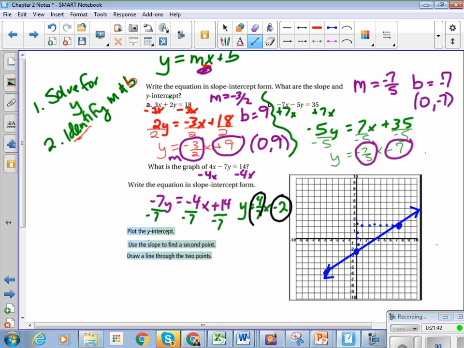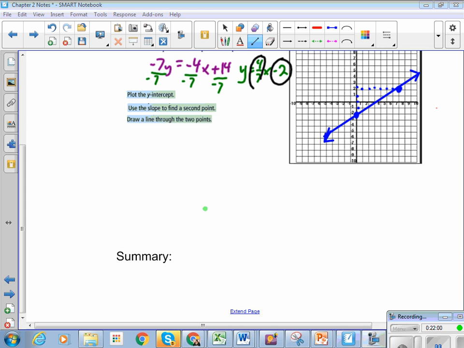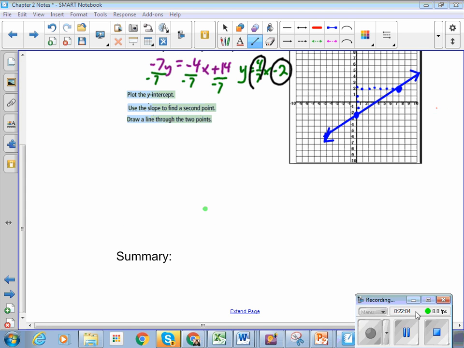All right, so make sure your line is straight and it goes through those 2 points, and check, we have graphed this equation. We did. Up 4. So we start at the y-intercept. Up 4 over 7. That's it.